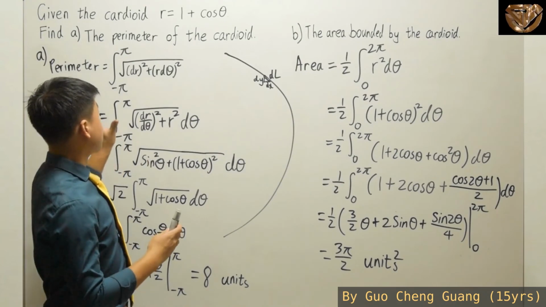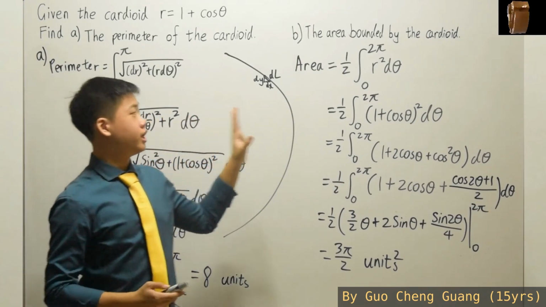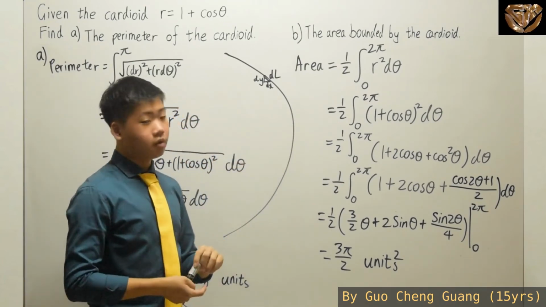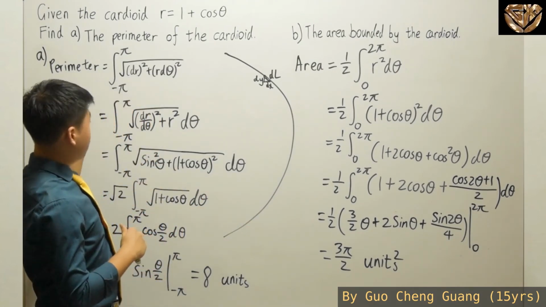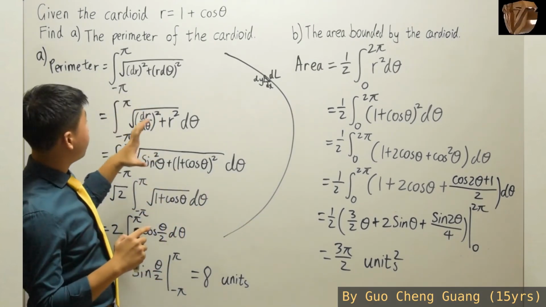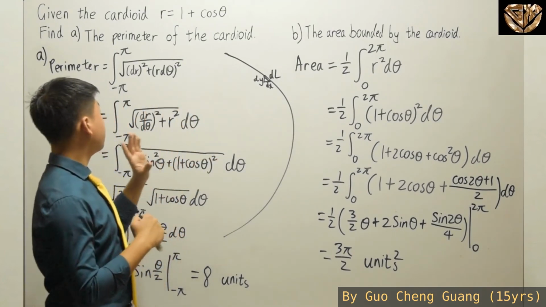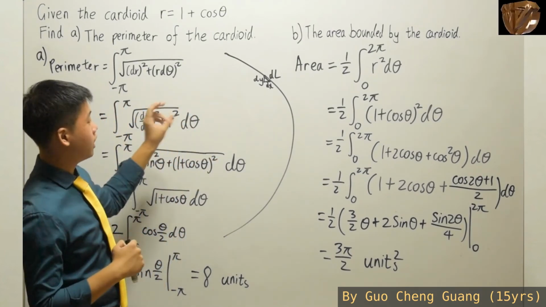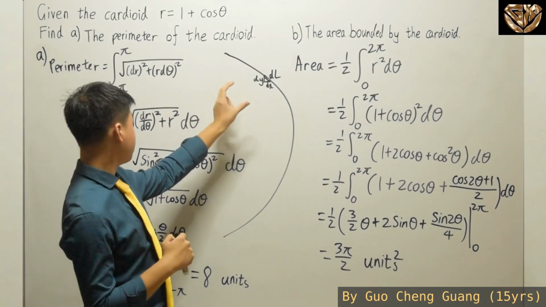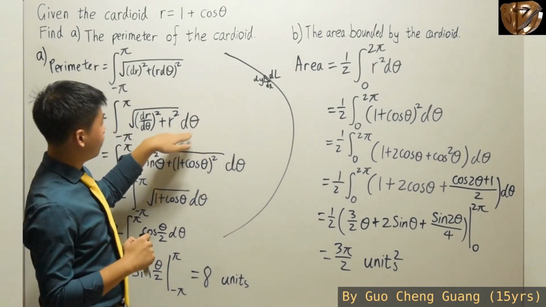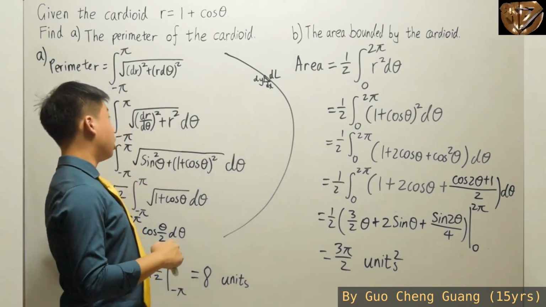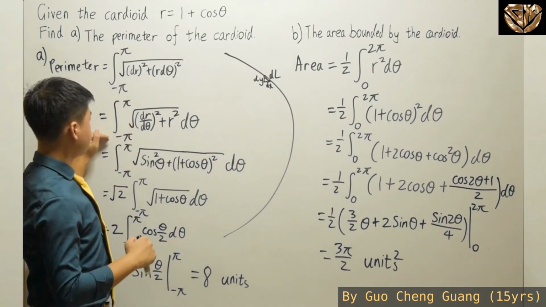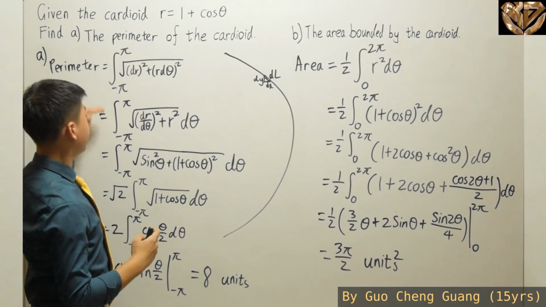Now that we have solved for both your perimeter and your area bounded by this cardioid, with similar thoughts actually, since in your perimeter you have your Pythagoras theorem in order to find the little length, and then have your angle in your anti-clockwise direction, which is negative pi to pi.